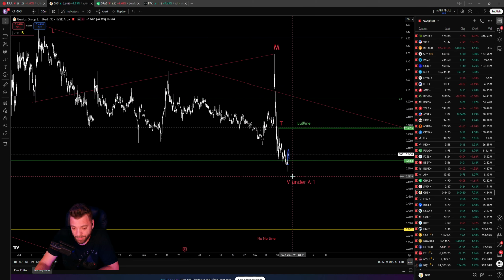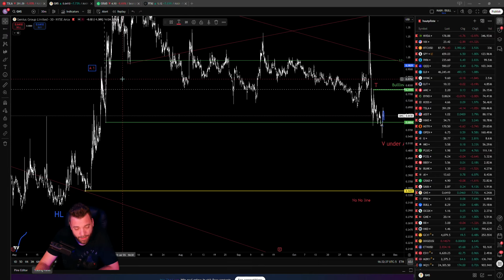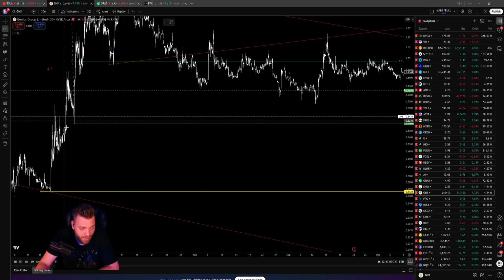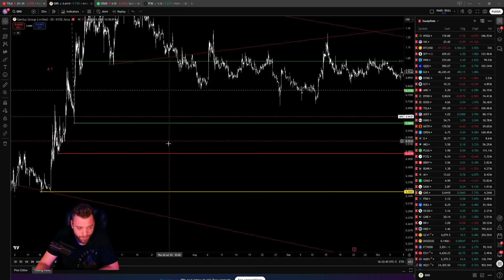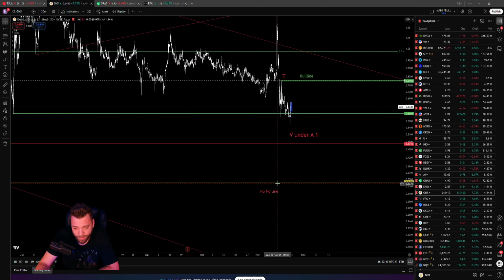Just one thing, if it's still breaking this, I am of the opinion this is A. A colleague of mine, who is also using this method, is saying this is A. Okay, could be. Then your V under A is at 47. What I really don't want to break, and which we agree on, is 34, because then it's done.